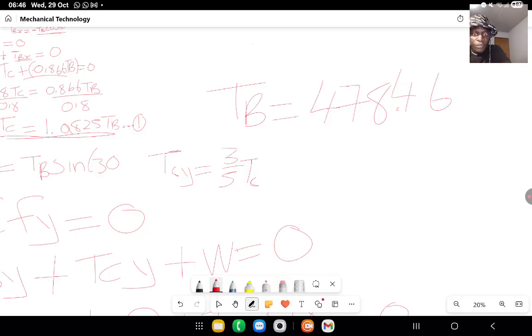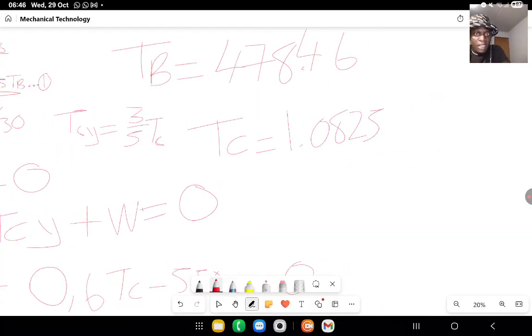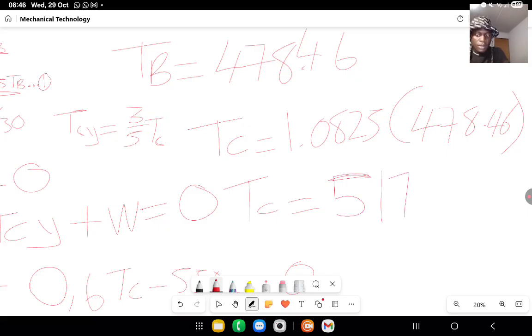We are going to equate here and say TC is equal to 1.0825 multiplied by 478.46, which is equal to 517.93.